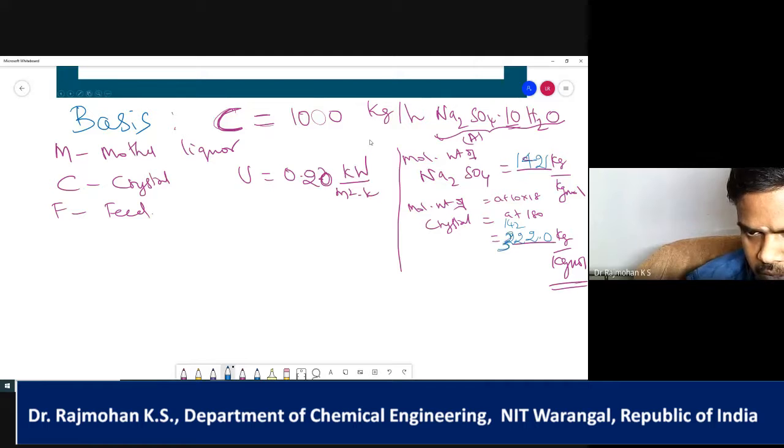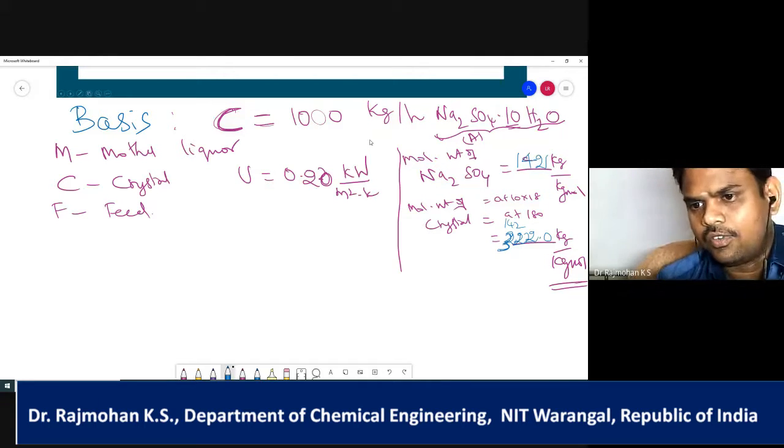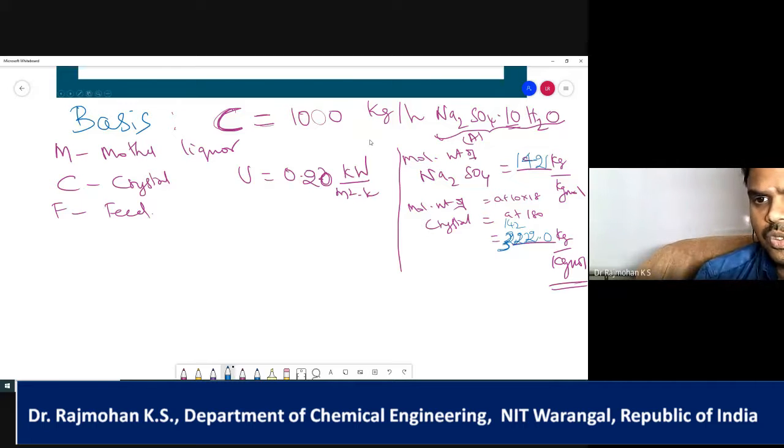So we get 322 as the molecular weight of the crystal. The molecular weight of solute Na2SO4 alone is 142. So we can find out XF. Solubility is given: at the feed temperature it is 49, and at the mother liquor temperature it is 15. So we can find both XF and XM.